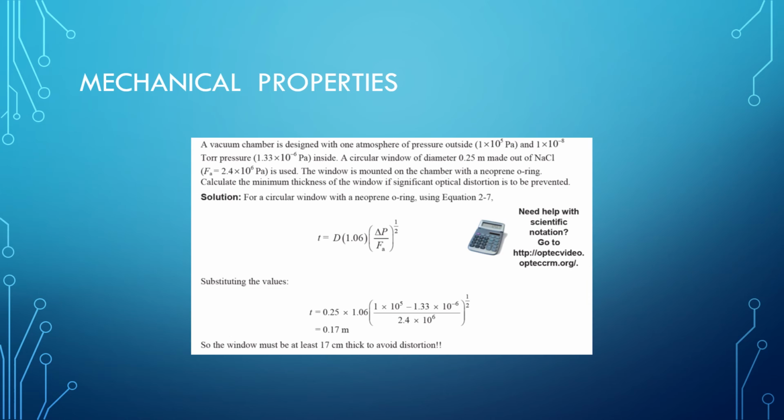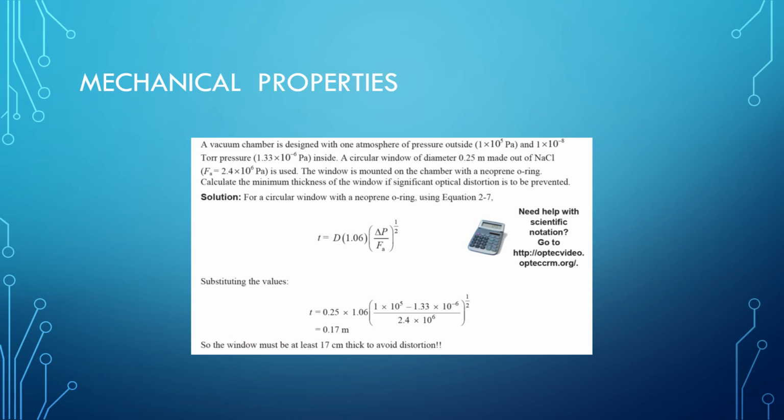Substituting in for 0.25, which is the diameter, times 1.06 times 1 times 10 to the 5th minus 1.33 times 10 to the -6, which is the difference in pressure, divided by 0.24 times 10 to the 6th, all raised to the 1/2, I get 0.17 meters. So this window must be at least 17 centimeters thick to avoid distortion.